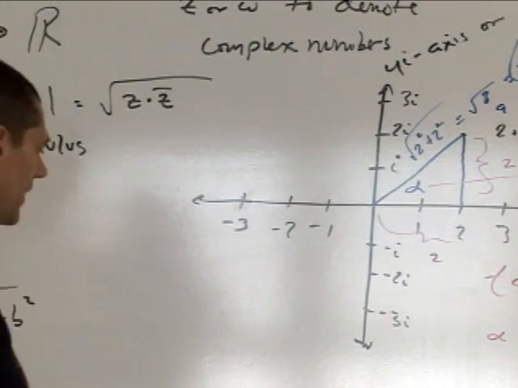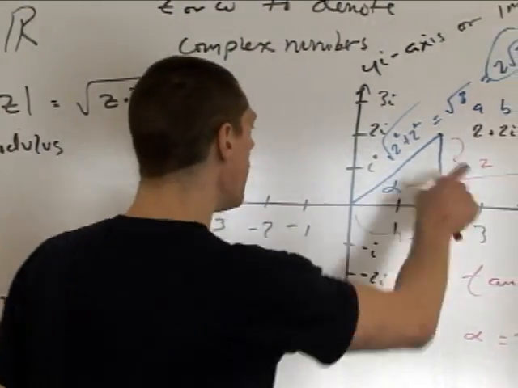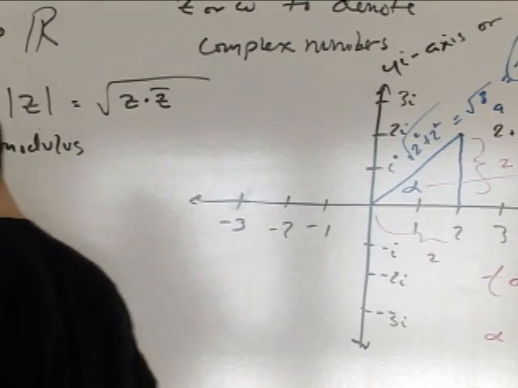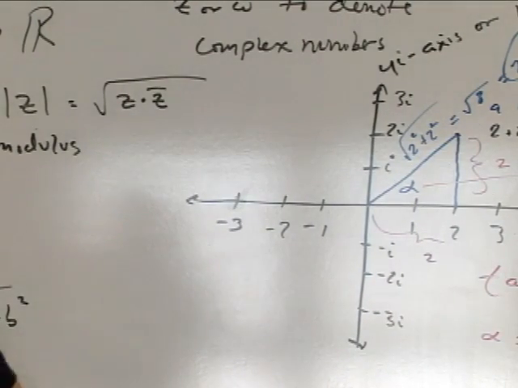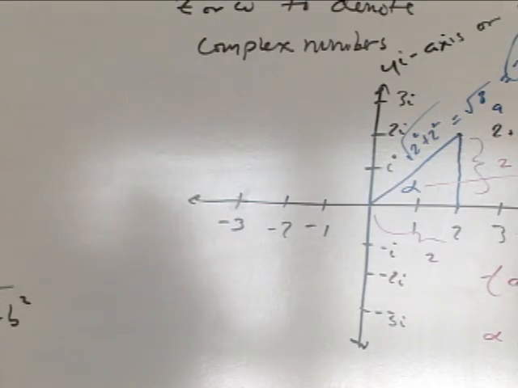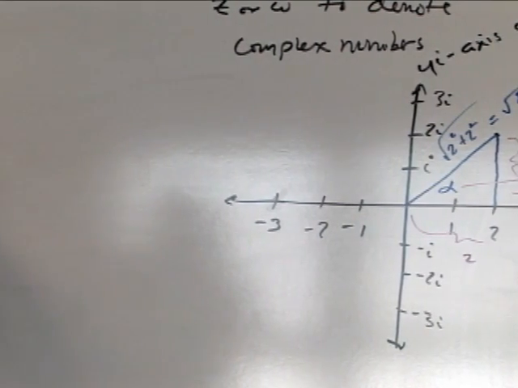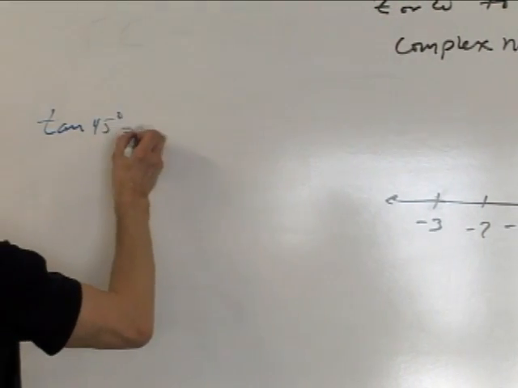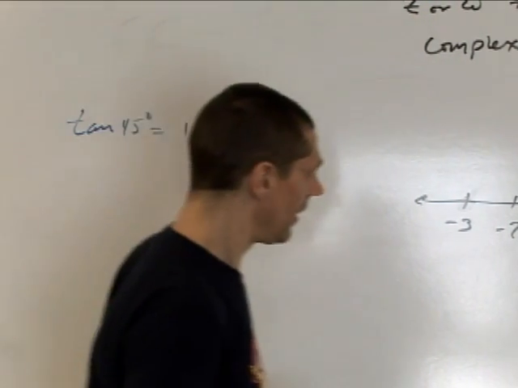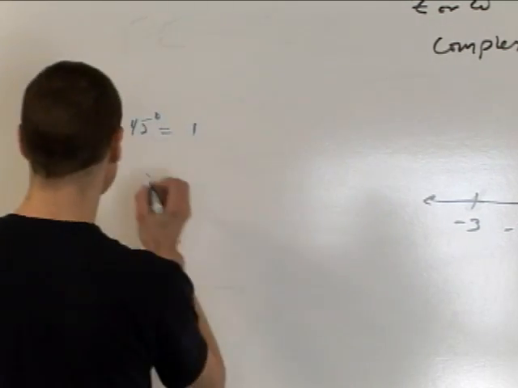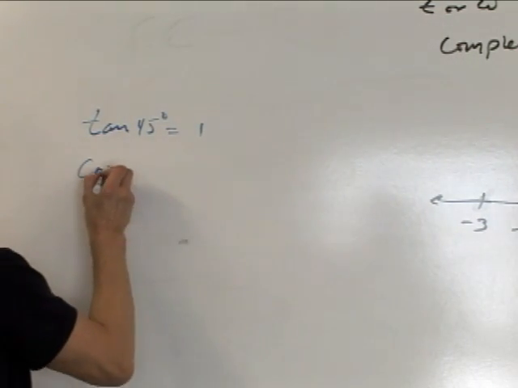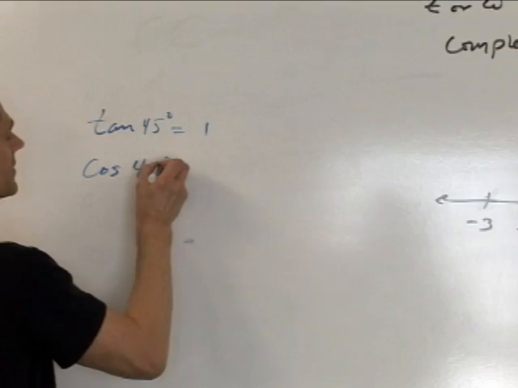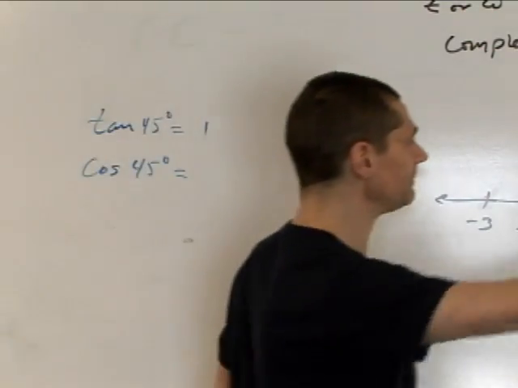But anyway, what's the significance of all this? How is all this related? Let me give myself a little space here. You'll notice that the tangent of alpha, which is the tangent of 45 degrees, is equal to 1. So the cosine of 45 degrees is going to equal what?